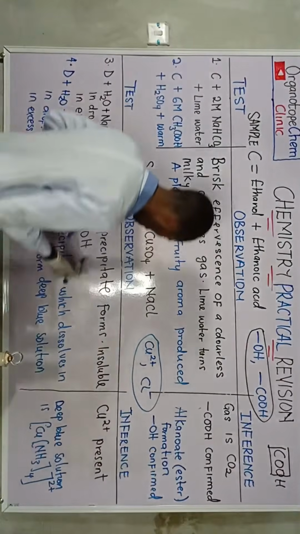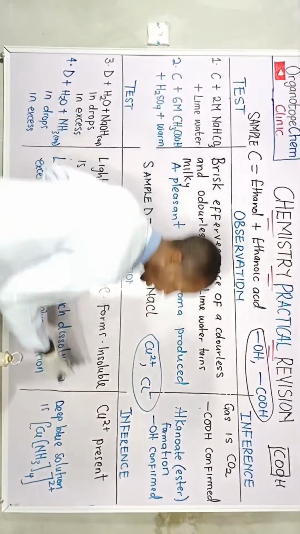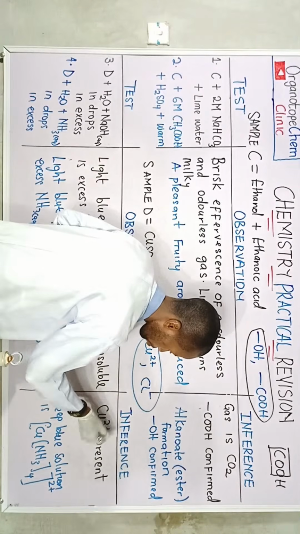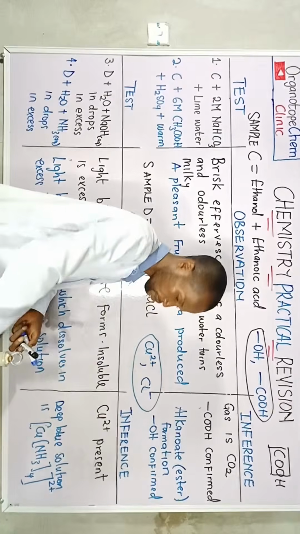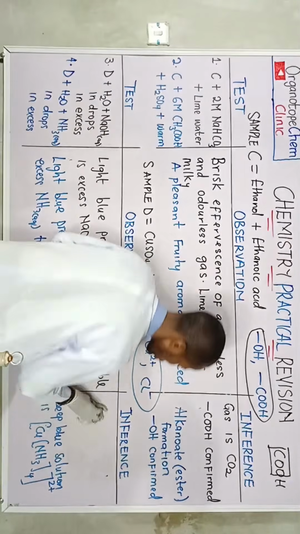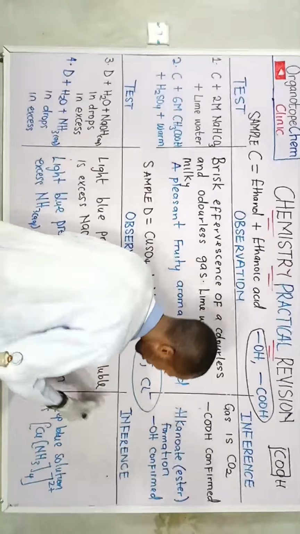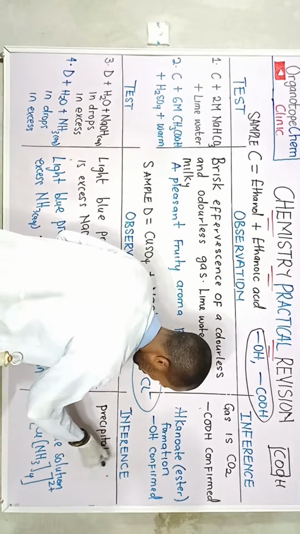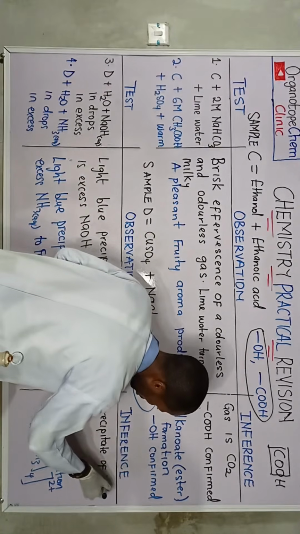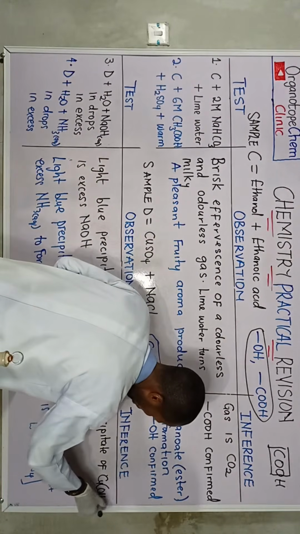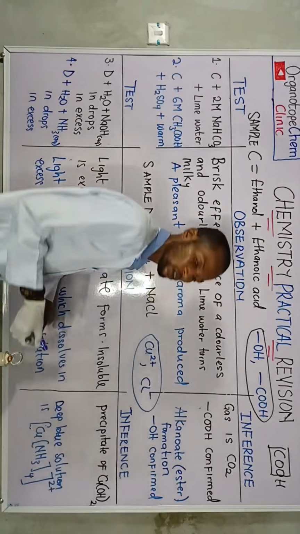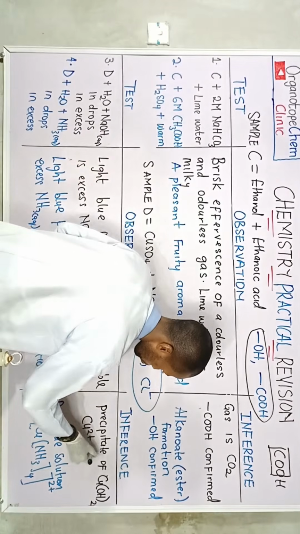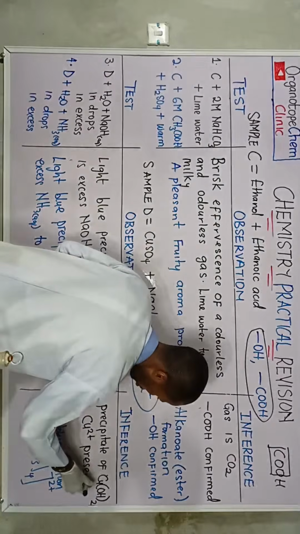Now, also on this side, when you reacted the Cu2 plus with sodium hydroxide, it will give you the light blue precipitate that we are having here. You can write it before the Cu2 plus present. So you can write precipitates of what? Cu(OH)2. That's copper 2 hydroxide. So that's when you now say Cu2 plus present. Okay?